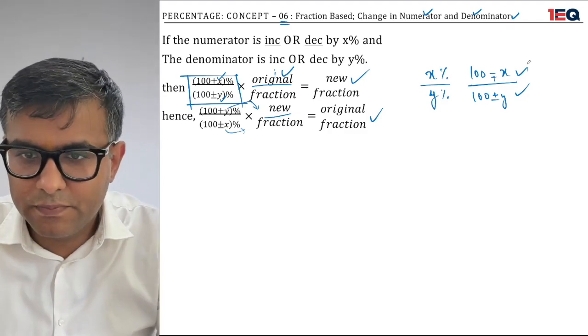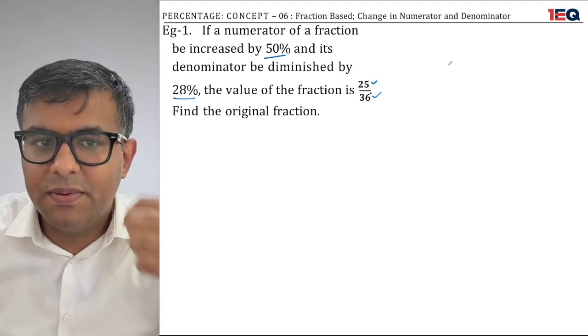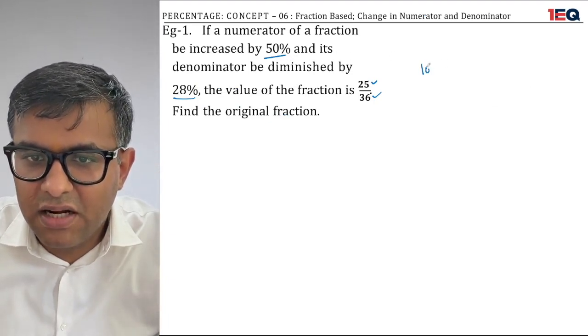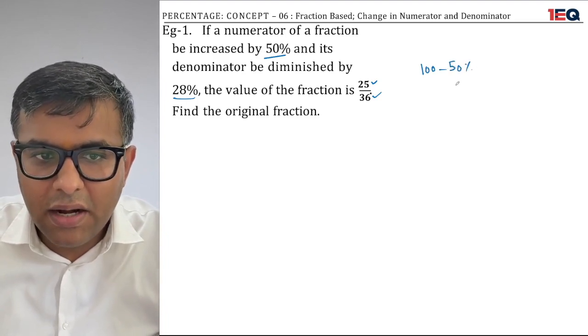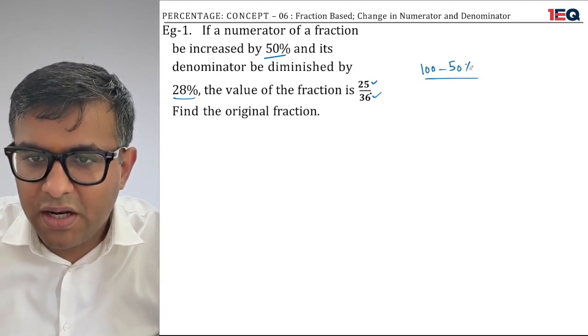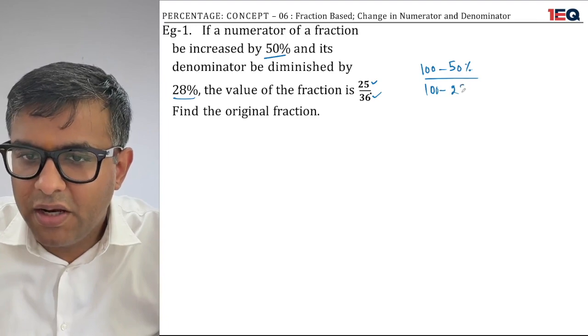Got it? The numerator of a fraction is decreased by 50%, that means 100 minus 50%, and the denominator is diminished by 28%, which also means it is decreased by 28%.